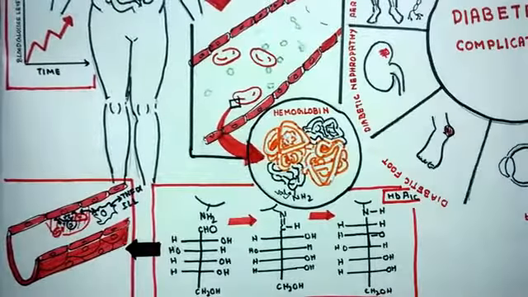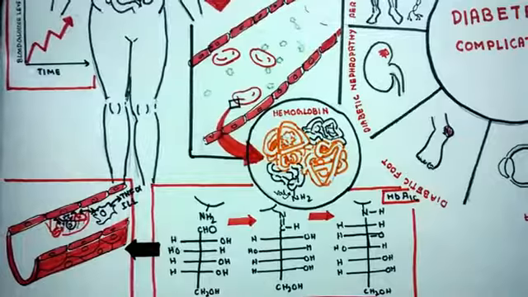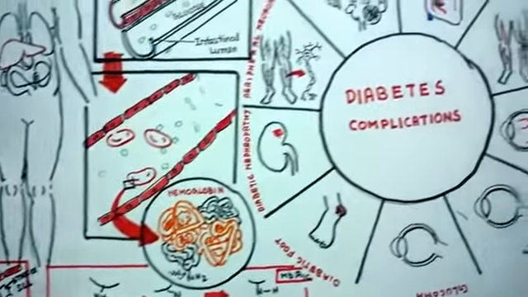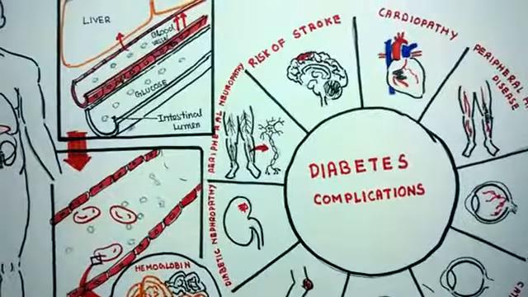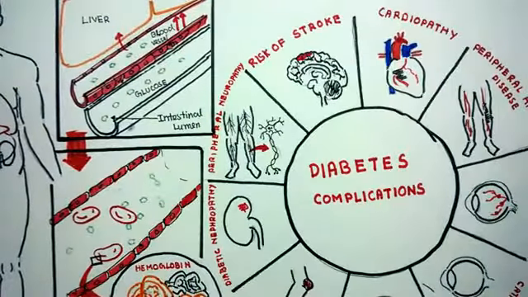So in this particular diagram, we have seen how advanced glycosylation products could be harmful. Now let's see what the other complications of diabetes are. The first complication could be diabetic cardiopathy, when this type of advanced glycosylation product forms in the blood vessels of the heart, then there is an increased chance of cardiopathy.